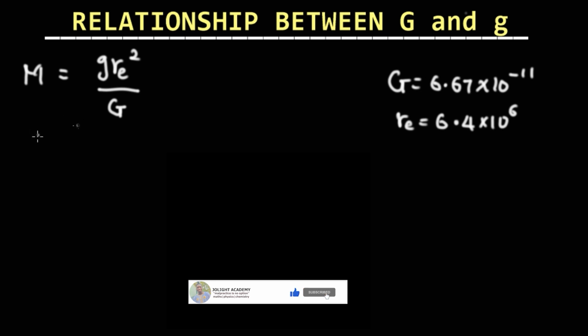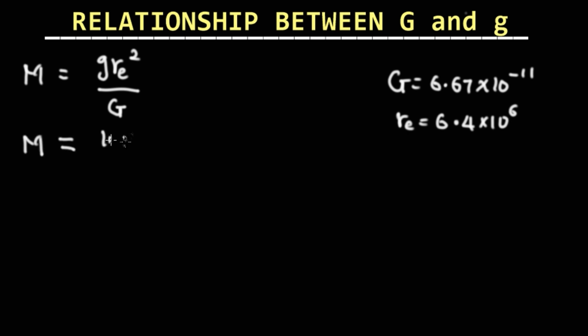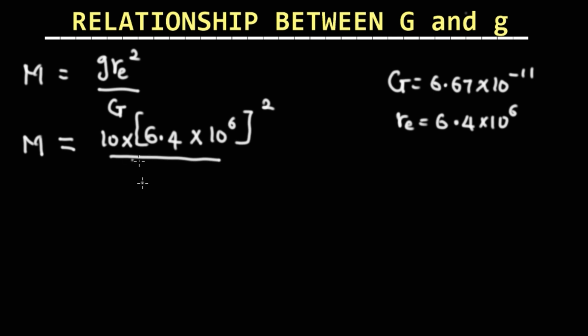So when we plug in the values, we have the mass of the Earth as follows. We know that g is 10, multiplied by the radius of the Earth, which is a constant, 6.4 multiplied by 10 to the power 6, squared because there is a square on it, divided by the gravitational constant G, which is 6.67 multiplied by 10 to the power negative 11.